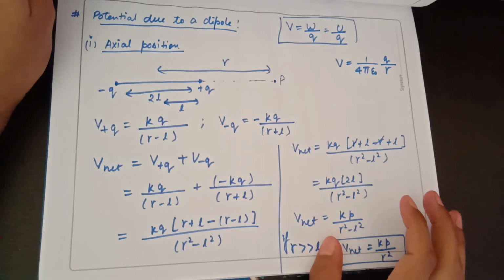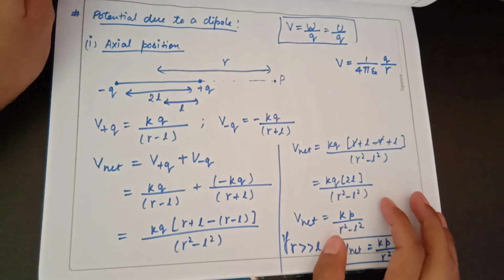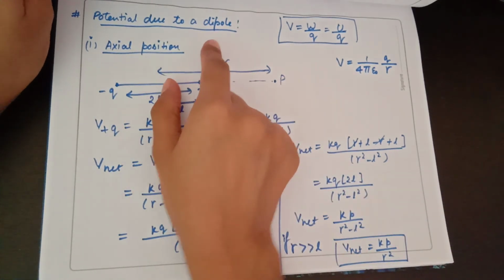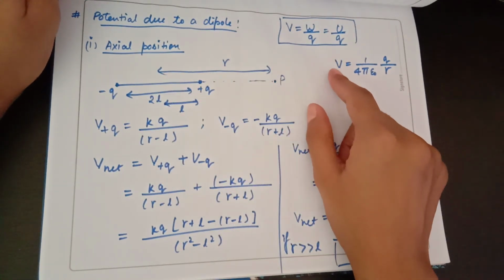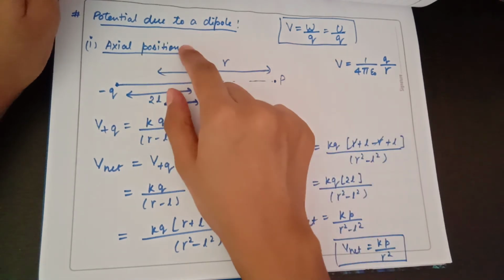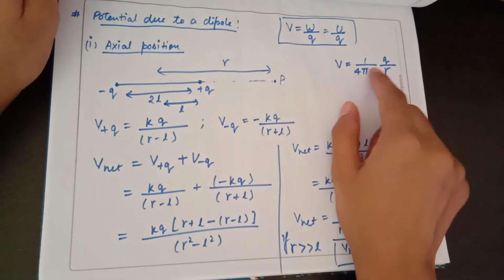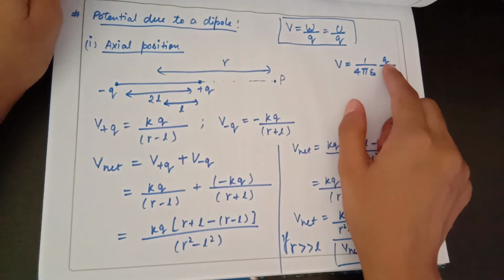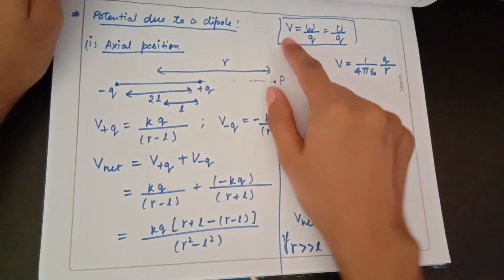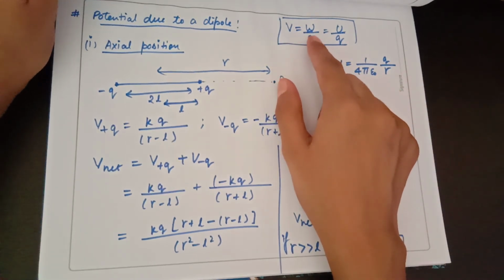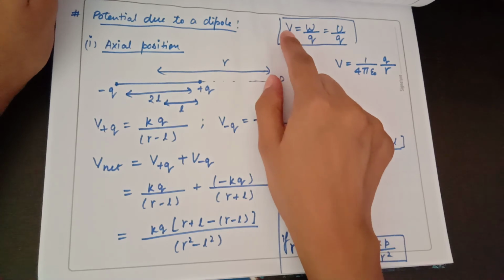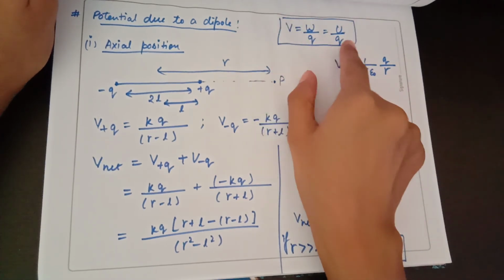This is all for today's lecture. Today we discussed potential due to a dipole. As we know, the potential due to a point charge is 1 upon 4 pi epsilon naught q divided by r, and the relation between work done and potential energy is like this.